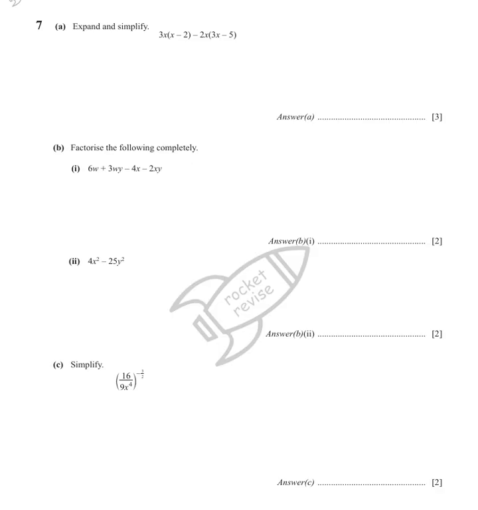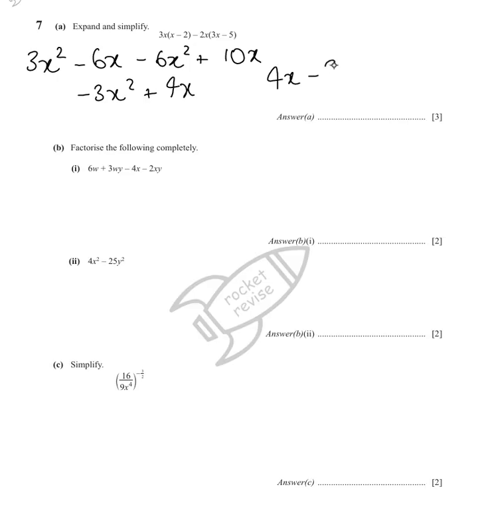Done? Okay. 3x squared minus 6x minus 6x squared plus 10x, we get minus 3x squared plus 4x. Or you can write it like this as well, 4x minus 3x squared.